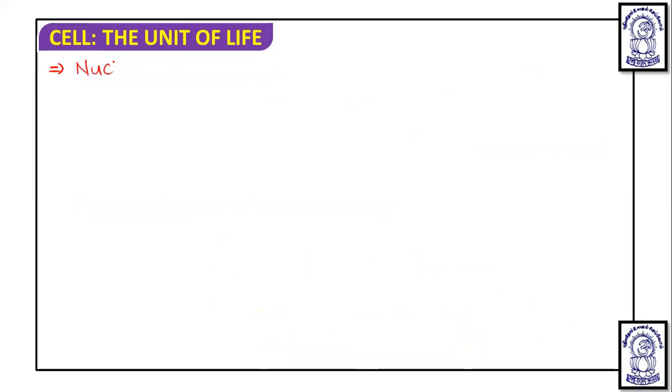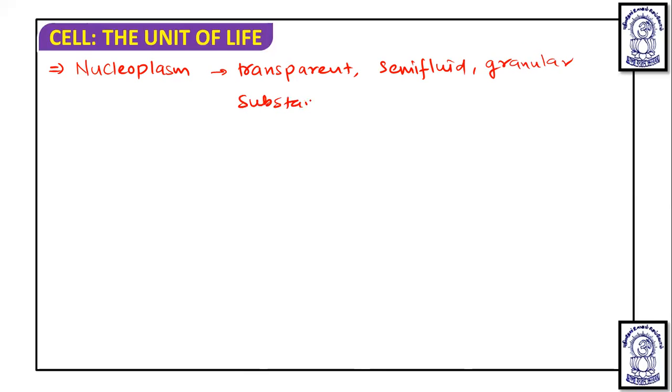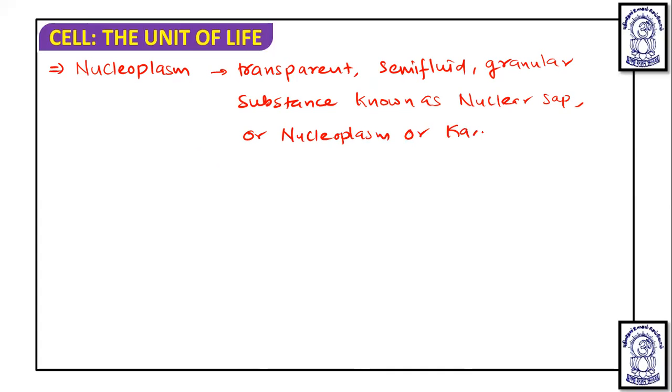If we talk about the nucleoplasm, it is a transparent, semi-fluid, granular substance known as nuclear sap, nucleoplasm, or karyolymph.